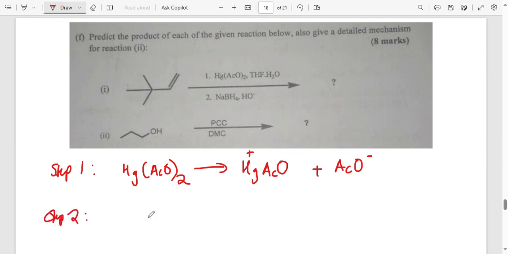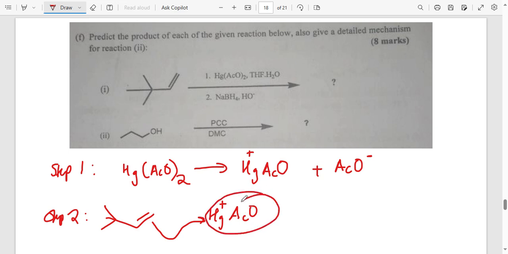In step 2 now, our double bond is going to come in. It will react with this guy which is positively charged. The double bond will be able to attack. Now, one important thing that we said was oxymercuration demercuration is going to go by Markovnikov's rule.